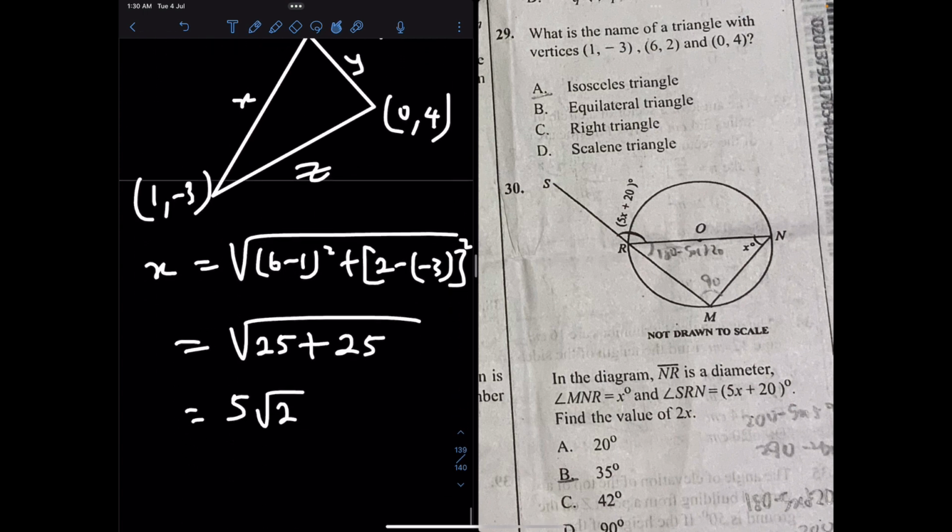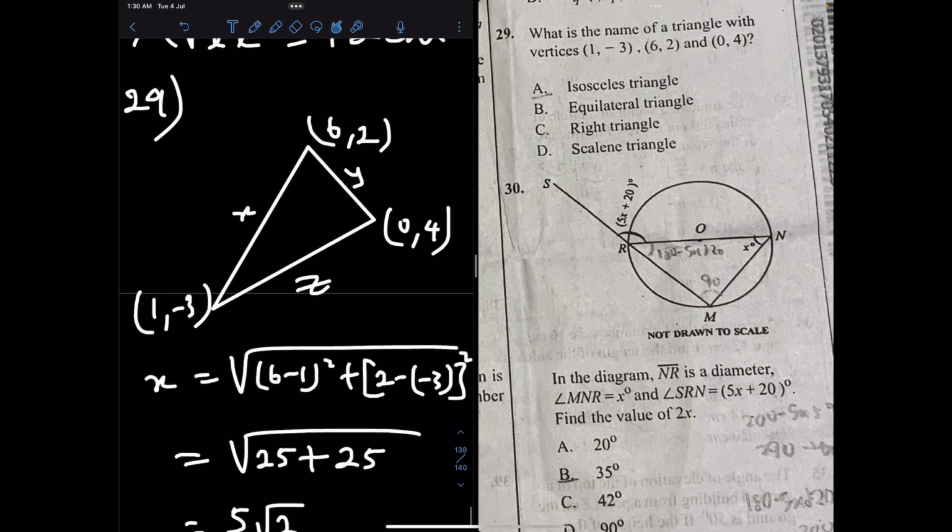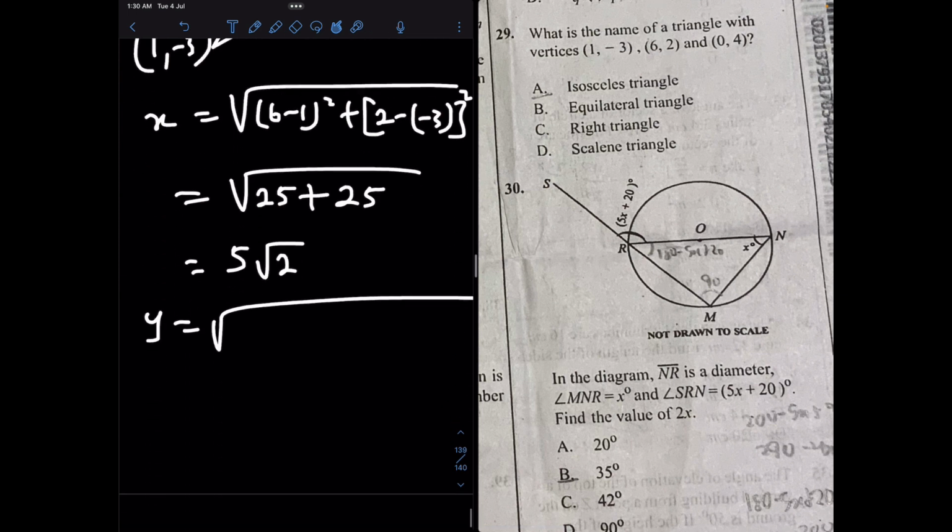Now let's find the length y. Length y is equal to the square root of (6 minus 0) squared plus (2 minus 4) squared.